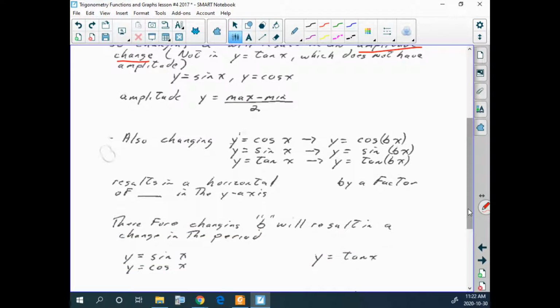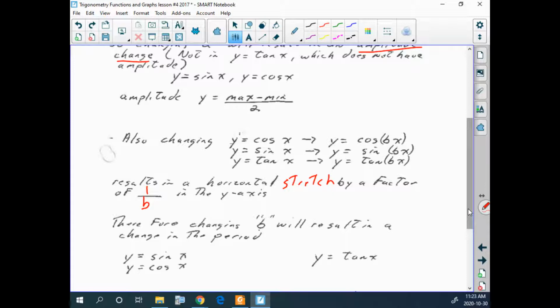We have a horizontal stretch by a factor of 1 over b in the y-axis. So if it's close to x, remember that I have horizontally stretched it by a factor of 1/2.